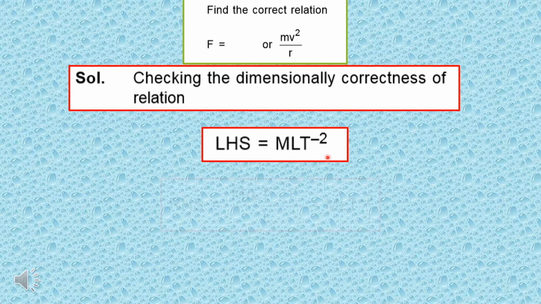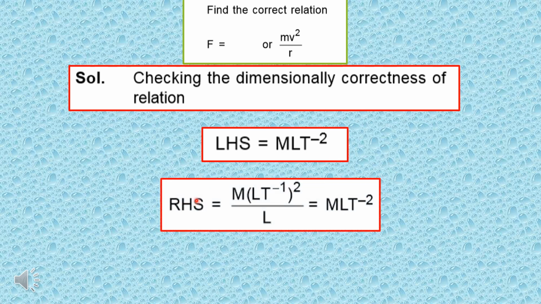On the right hand side we have mv square divided by r. For m we write capital M, for v we write L T minus 1, because there is v square, taking the whole square, divided by L, because for distance we write capital L. And by solving it we get the right hand side is equal to M to the power 1, L to the power 1 and T to the power minus 2.